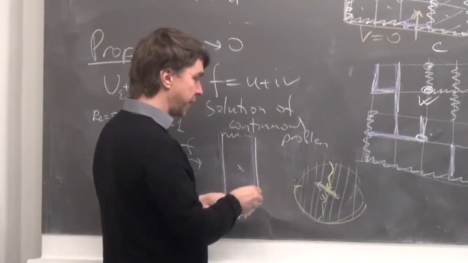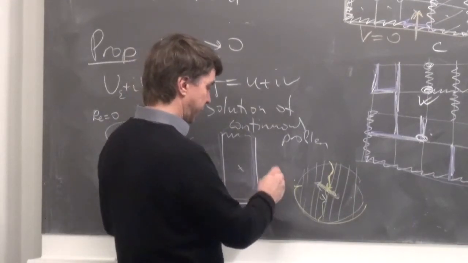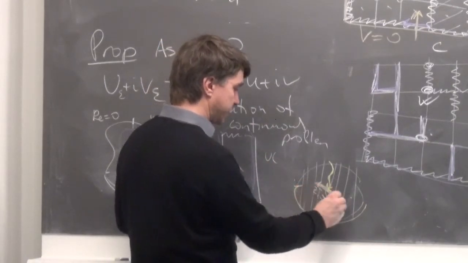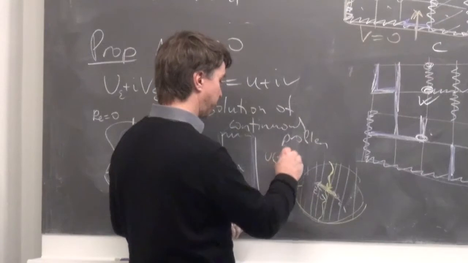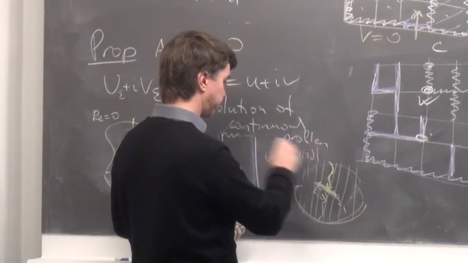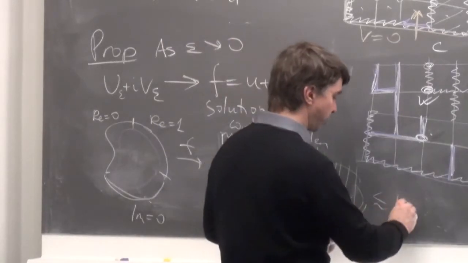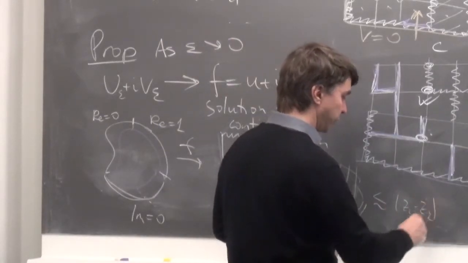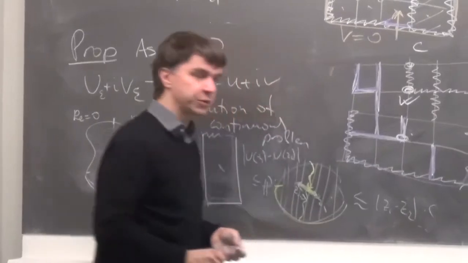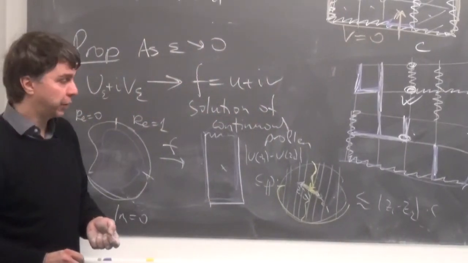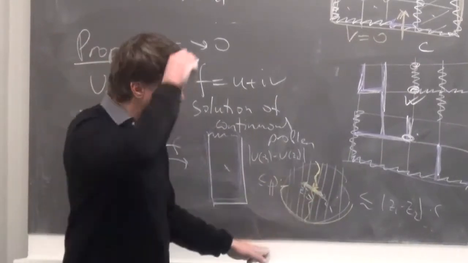So if these 2 points are Z1, Z2, then U of Z1 minus U of Z2 is smaller than the probability of this, and you get that it's smaller than a constant times Z1 minus Z2. So you get actually that Lipschitz property if these points are away from the boundary.